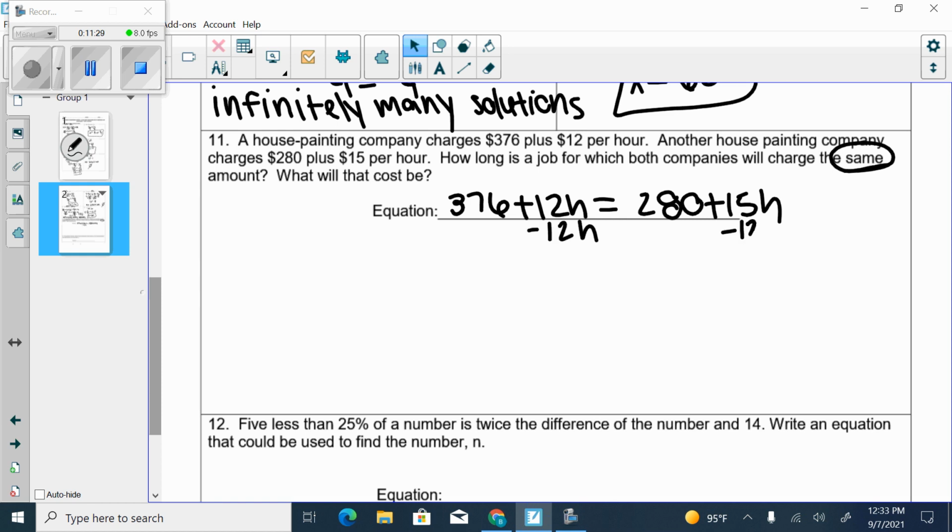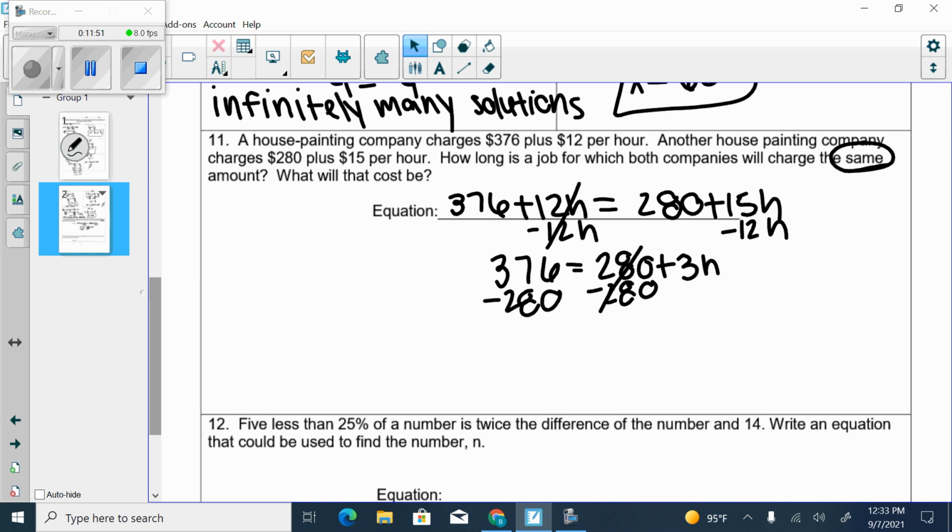And 15 minus 12 would leave us with 3, not 2, just 3, right? The 280 part, yeah. All right, and then what should we do? Good. And 376 minus 280, 96, so we got 96 equals 3H.